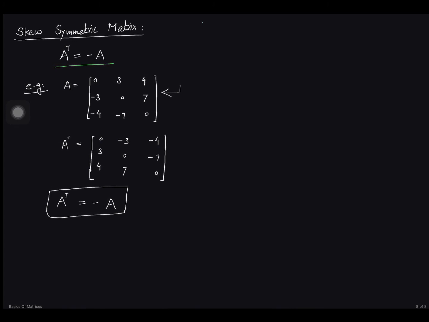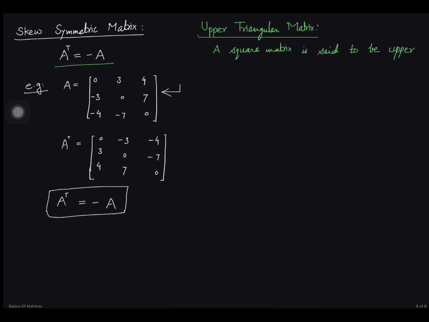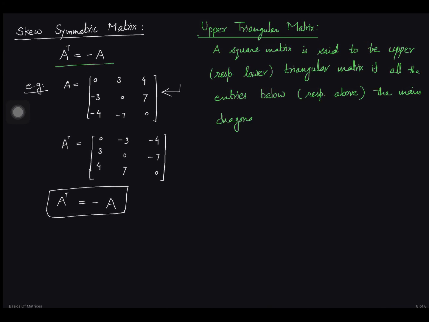Now let's discuss what an upper triangular matrix is. A square matrix is said to be upper, respectively lower, triangular if, for an upper triangular matrix, all the entries below the main diagonal are zeros.